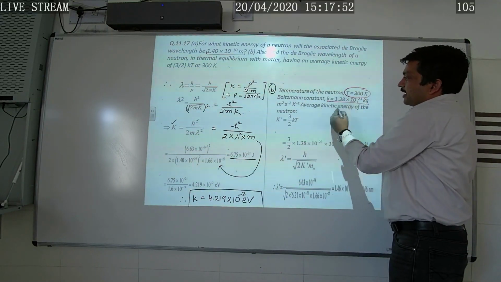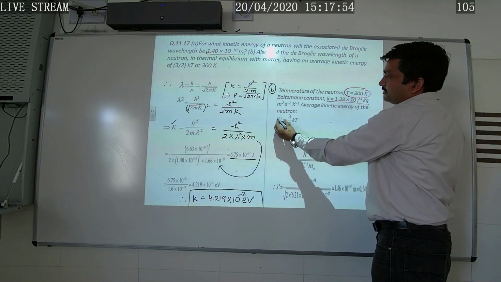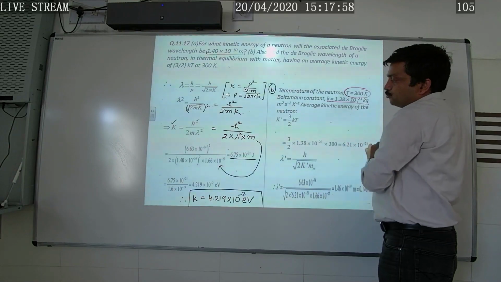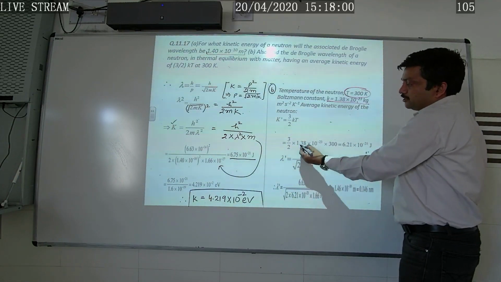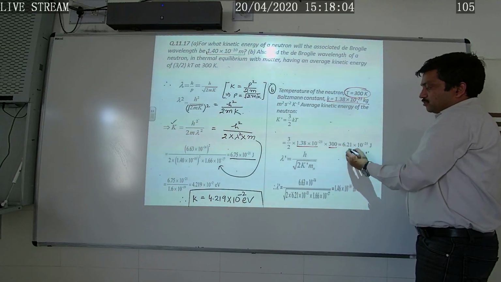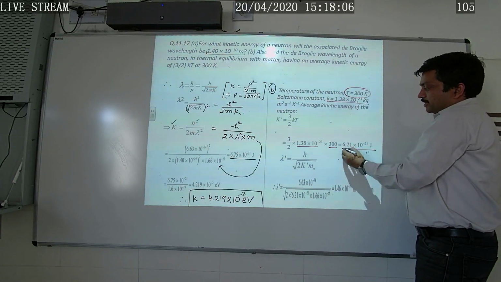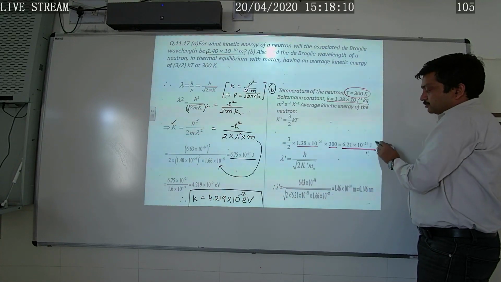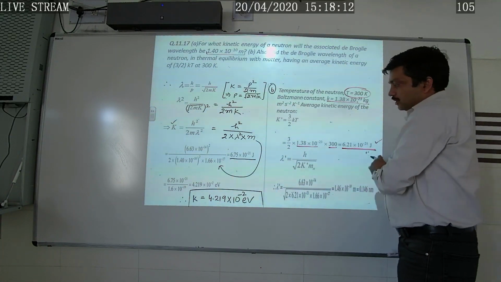The average kinetic energy k dash is equal to 3/2 kBT. Substituting the values, we got the average kinetic energy 6.21 into 10 to the power minus 21 joule.